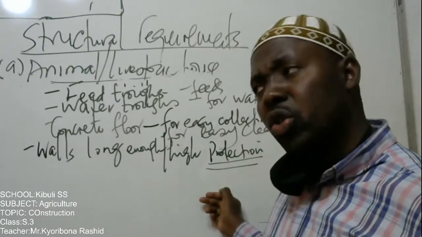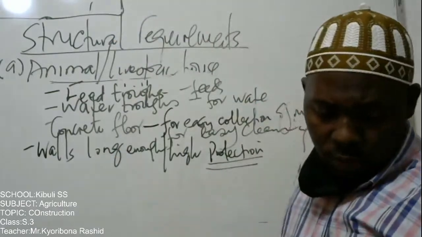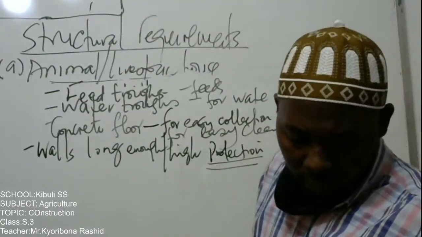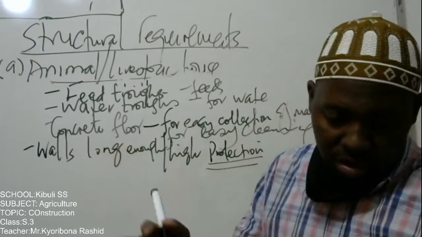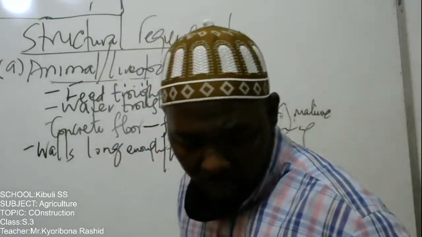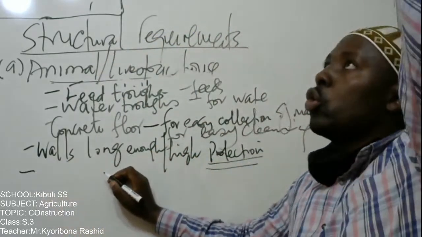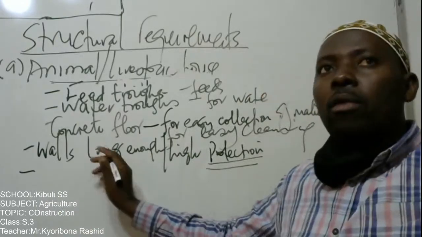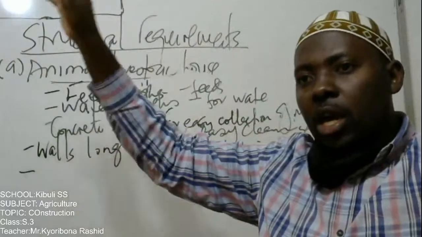Now, these walls also should be plastered. A large space should be left between the wall tops. Why? So that the smell can easily come out.